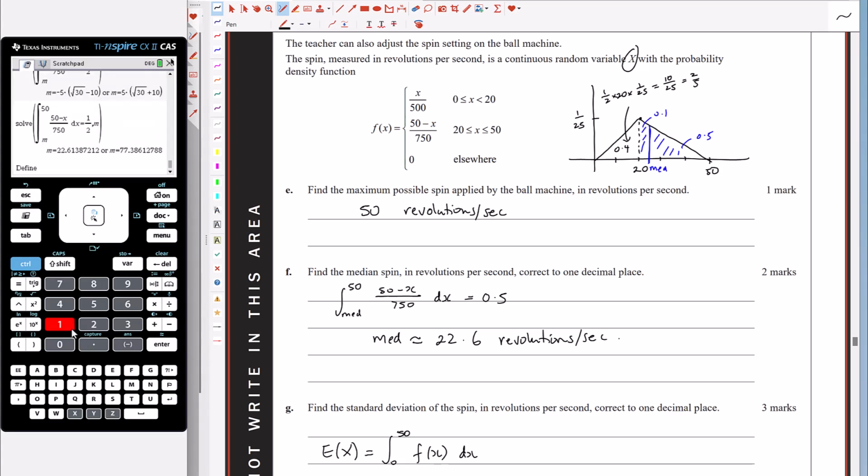So let's play around with this a bit. Let's define f of x as a piecewise function and see if the CAS can handle it. It's one area of the CAS functionality that's actually gone backwards with various software updates. So that's x on 500, and the domain for that is 0 less than or equal to x less than 20.